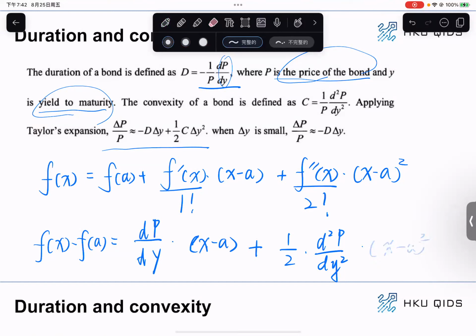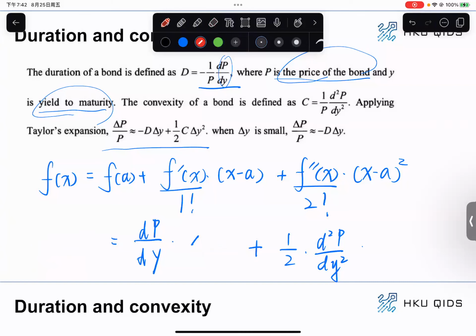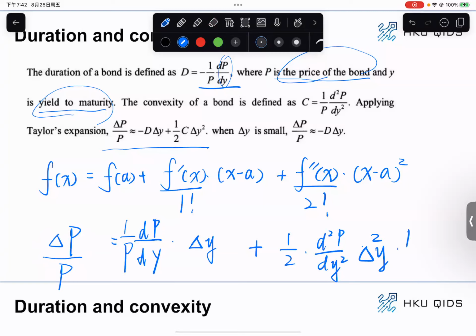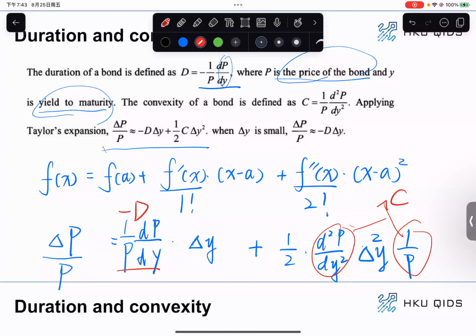So replacing all the items, this becomes dP, this is dY, and this is dY squared. And now it all gets familiar, right? We just need to divide the left-hand side and the right-hand side by P at the same time. And for this and this, we form C. And this part is negative D. And we have the equation here.